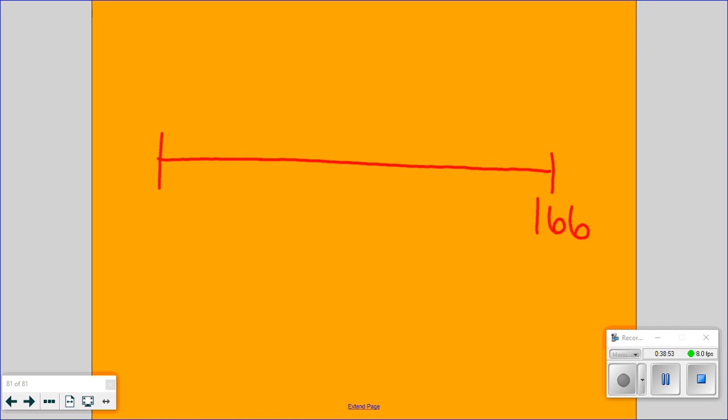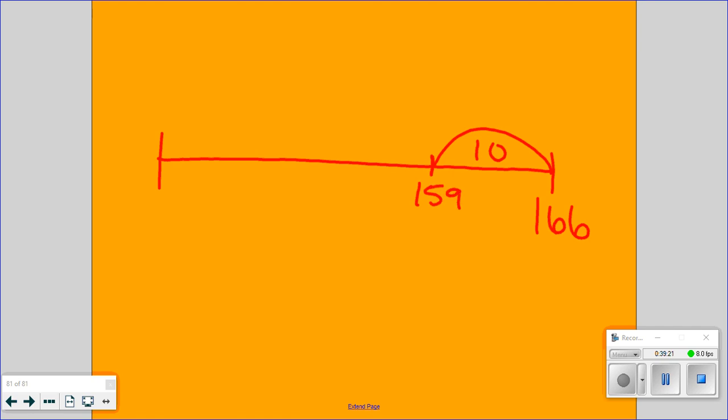What do you want your first jump to be? 10. Love it. Where are we at now? 156.